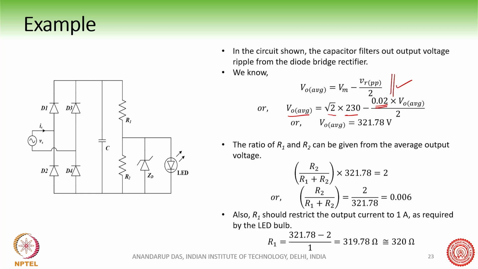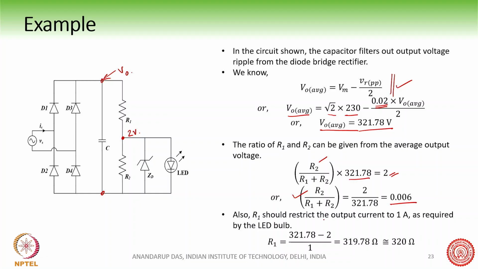So V0 average is 321.78 volt. Then we want the voltage to be 2 volt, so R2 divided by R1 plus R2 into 321 is equal to 2 volt. Therefore we can find the ratio of R2 and R1.